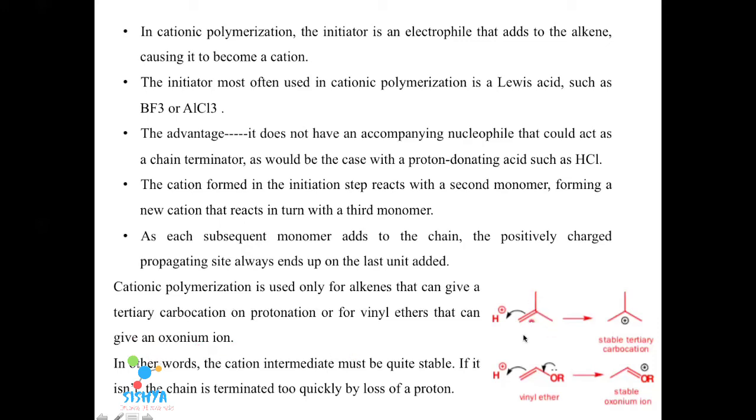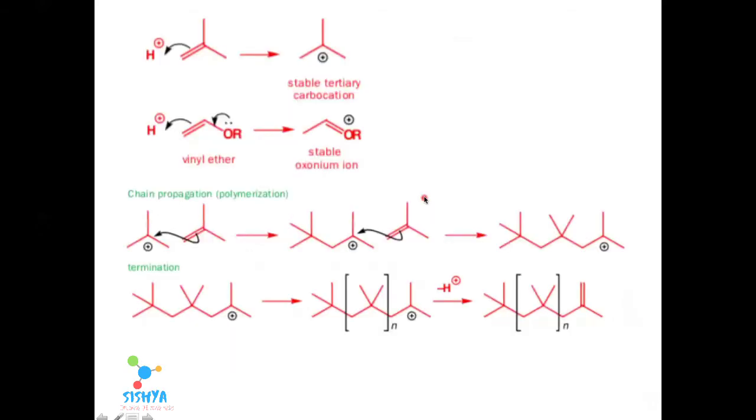Here it is the vinyl; when it reacts with HCl, it gives a stable tertiary carbocation. This is the criterion: it should form a stable carbocation. Similarly, the cation intermediate for the vinyl ether is a stable oxonium ion, shown here. So the intermediate must be stable for cationic polymerization.